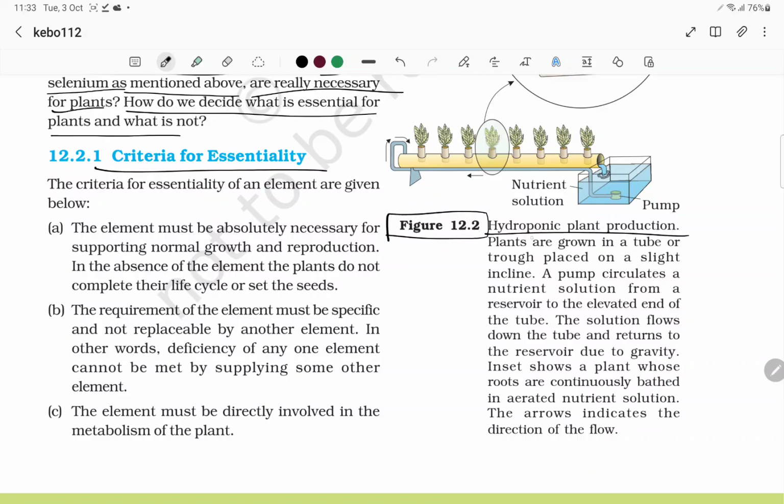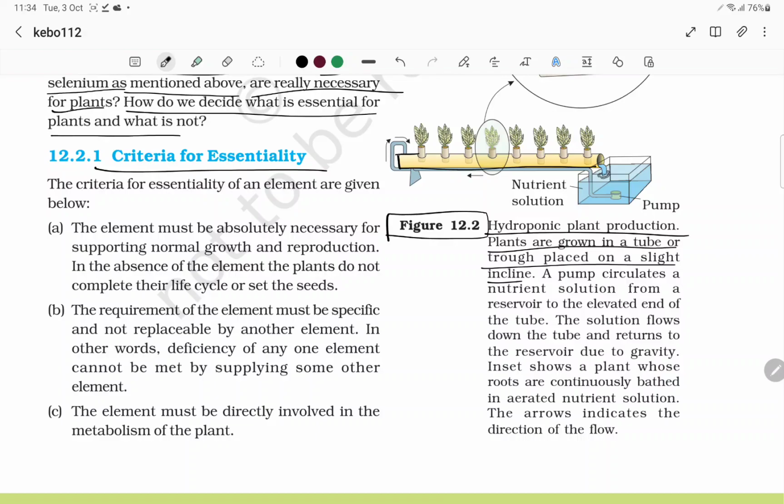Hydroponic plant production. You can see the pump here, which is mainly for aerating the water. Plants that are grown in the tube are placed on a slight incline. This is a tube in which they have made holes, and in that they dip the plantlets. The pump is mainly used to circulate the nutrient solution from the reservoir to the elevated end of the tube.